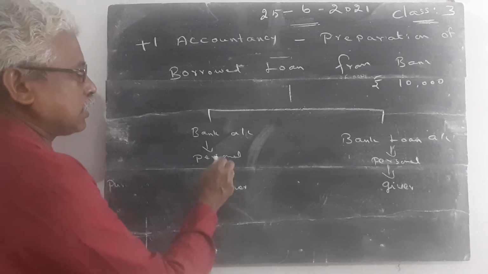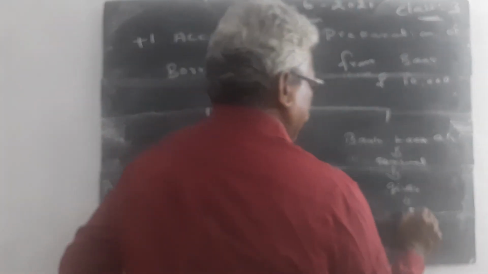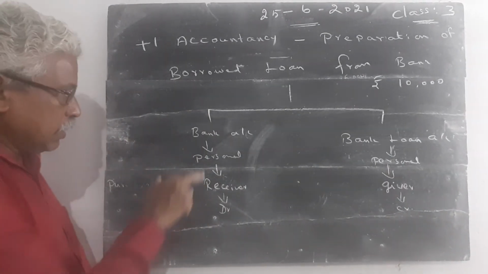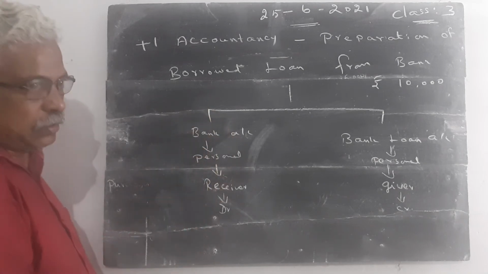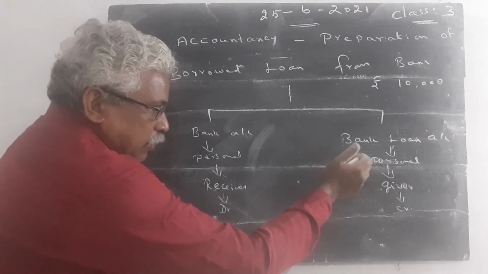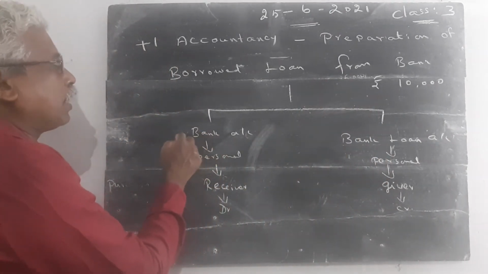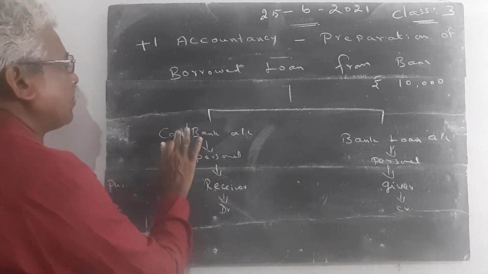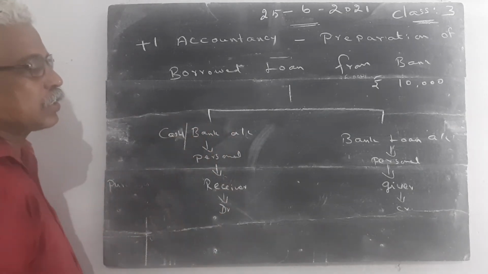So this account is debited, this account is credited. My assumption is the bank does not directly pay the amount to us. We borrow money from the bank. Instead of bank, we can use the word cash also. Both the transactions are correct.